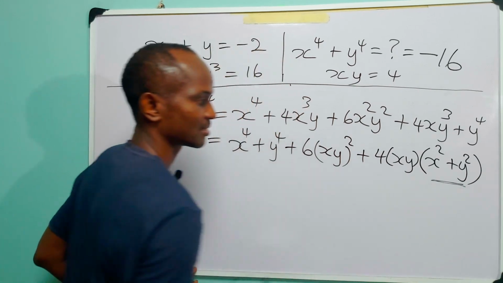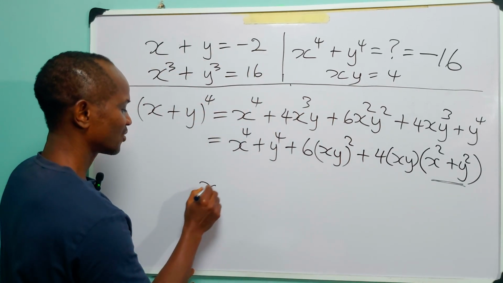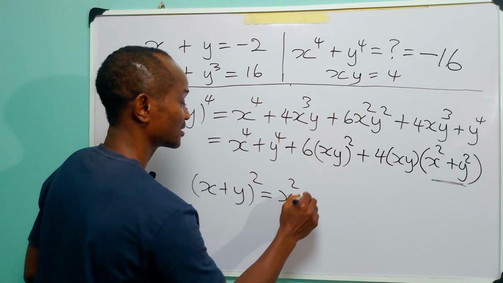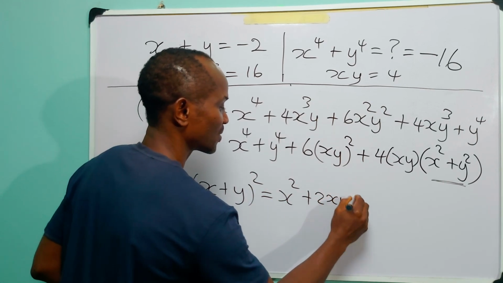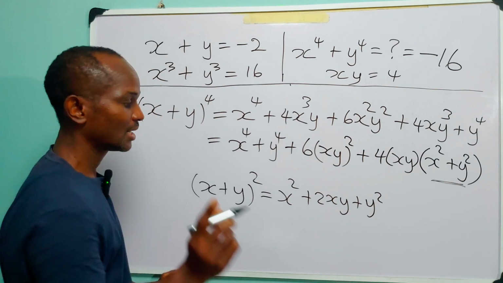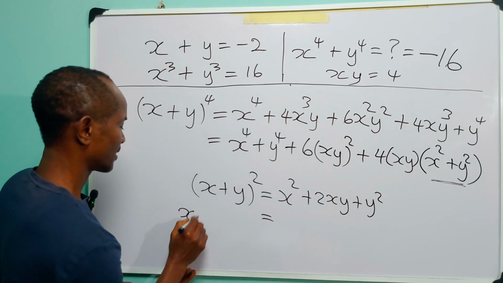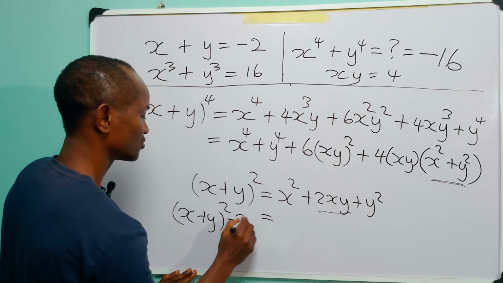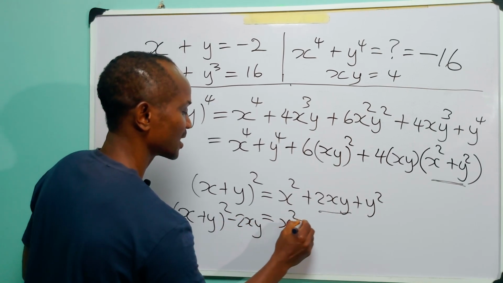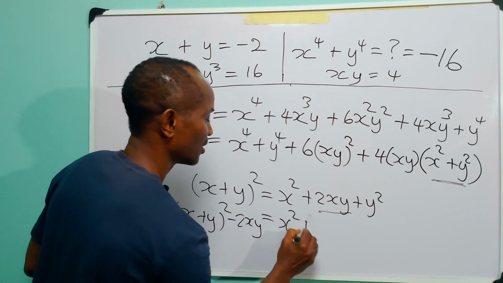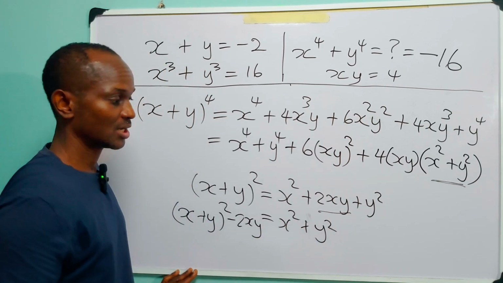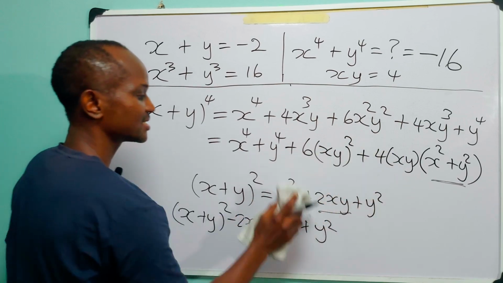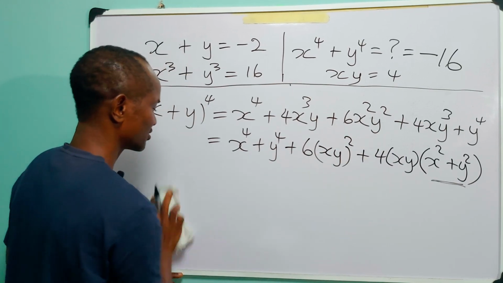But now look at this. We know that from the expansion of x plus y squared, which is equal to x squared plus 2xy plus y squared, we know that x plus y squared minus 2xy is equal to x squared plus y squared. So we can replace this with this in this expansion.